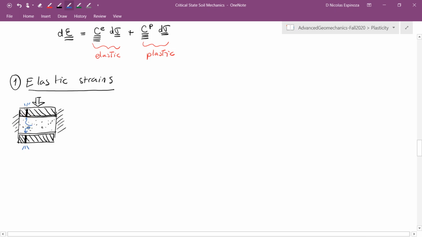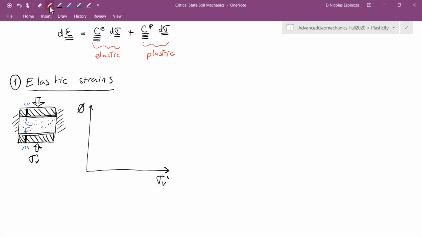And basically what you obtain with this kind of test is going to be a compaction curve. A compaction curve that is going to tell you how porosity changes as a function of the applied effective stress. And what you might expect is that as the vertical effective stress increases, the porosity is going to decrease.